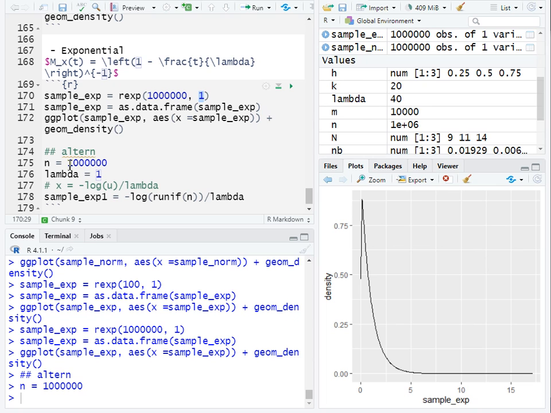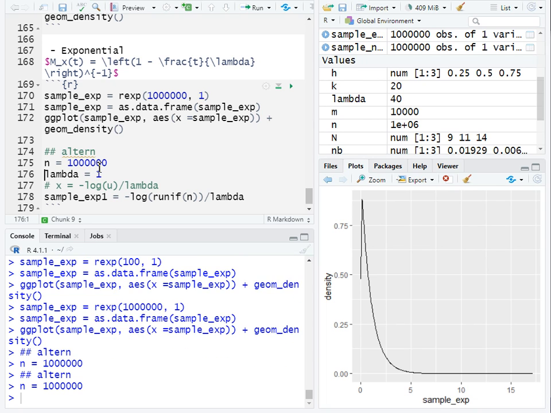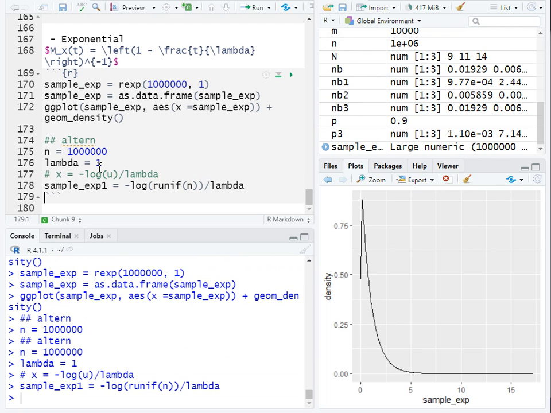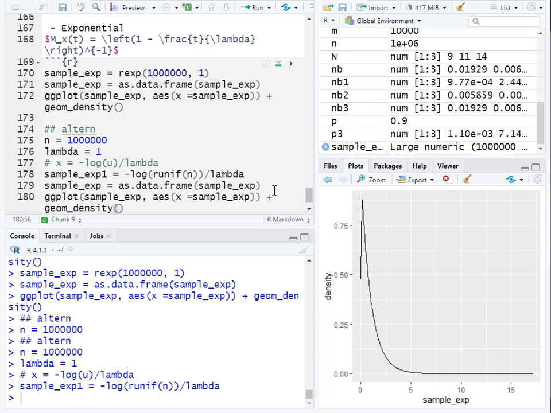So n, lambda and sample, and we have the sample of large numeric, and we are able to implement the same kind of transformations.